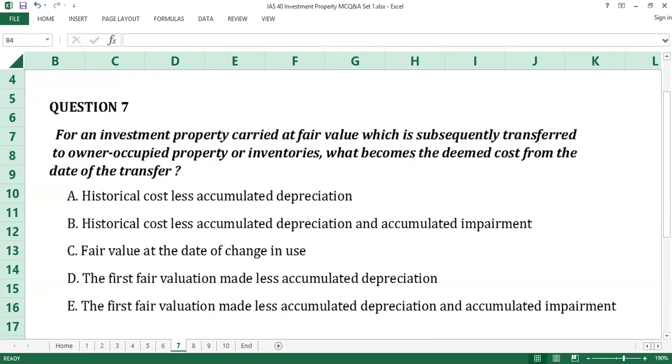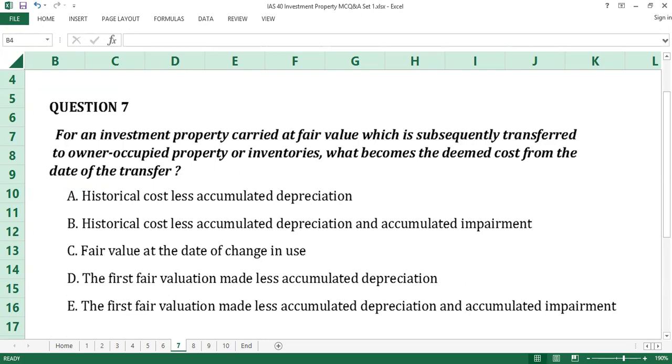Question number 7. For an investment property carried at fair value, which is subsequently transferred to owner-occupied property or inventories, what becomes the deemed cost for the date of the transfer? A. Historical cost less accumulated depreciation. B. Historical cost less accumulated depreciation and accumulated impairment. C. Fair value at the date of change in use. D. The first fair valuation made less accumulated depreciation. E. The first fair valuation made less accumulated depreciation and accumulated impairments.